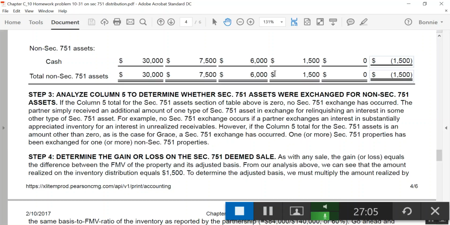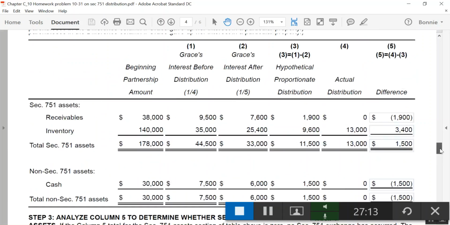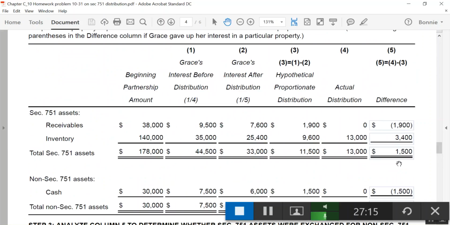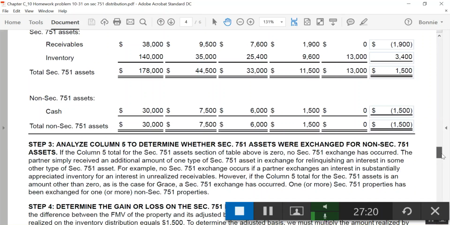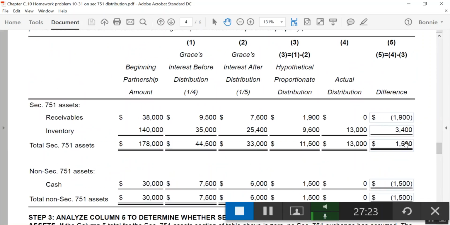And if column 5 in the total for the 751 asset section above is 0, so if this total right here is 0, then we don't have a 751 exchange, because all that would mean, if we had a 0, is that this would have to be negative 1,900 and this would have to be positive 1,900, for instance, or negative 3,400 and positive 3,400 in order to have a 0 in the total.